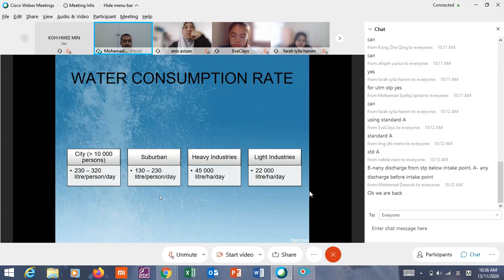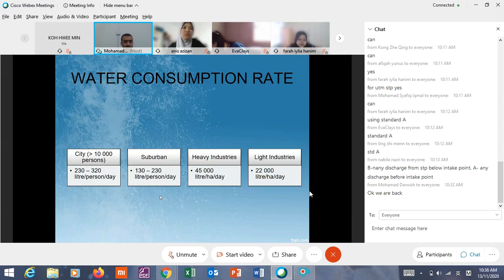Yes, because that includes everything. It includes your personal use, the cooking, the cleaning, the dishwashing, the laundry, everything. So it's not only a house, it's a community. It's the usage of a whole community. So that is also logical.